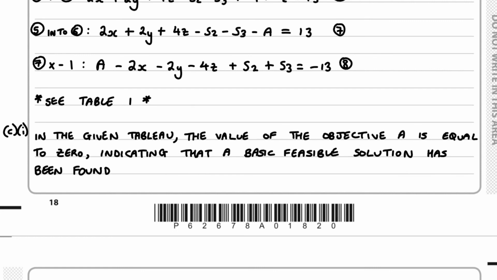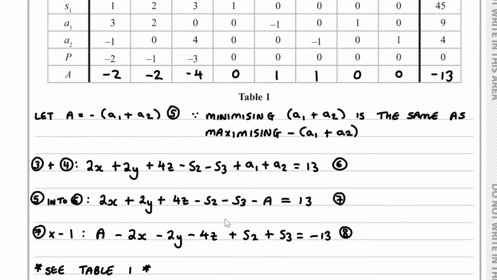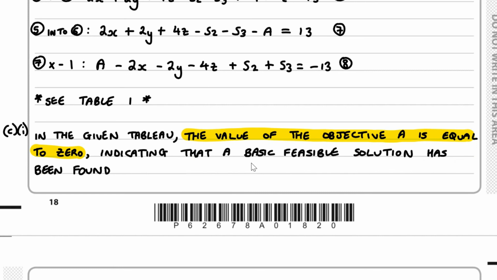So if we go back, you'd find over here the value of the objective A is equal to 0. And that's exactly what we see here for this objective A. So this indicates that a feasible solution has been found.